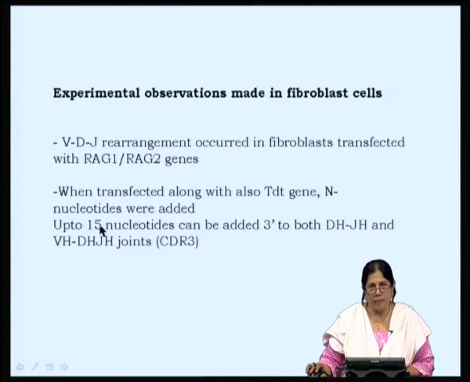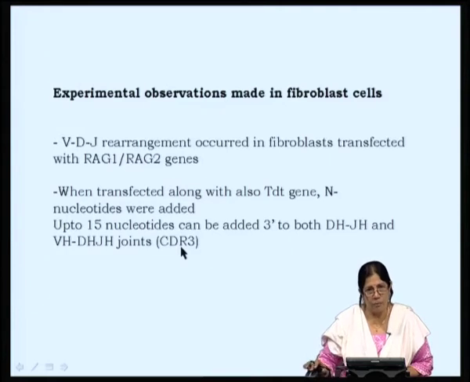How many nucleotides can be added to the cut ends? As many as 15 nucleotides can be added to 3' of both DH-JH as well as VH-DH-JH joints. Now, this constitutes CDR3. It is very important to remember that the CDR3 region is where N nucleotides are added. So, highest diversity would be there.